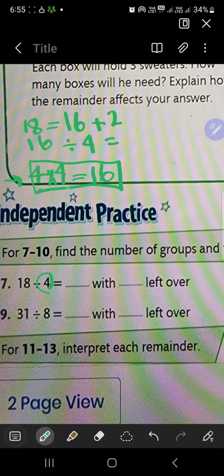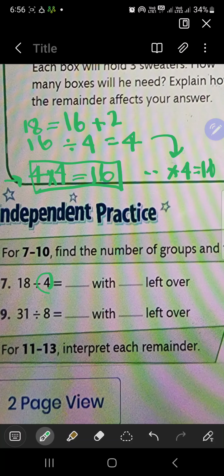4, because 4 times 4 equals 16. So we know that the opposite of multiplication is division. So if 4 times 4 equals 16, then 16 divided by 4 equals 4. Again, remember, 16 divided by 4 equals what? It means what times 4 equals 16.